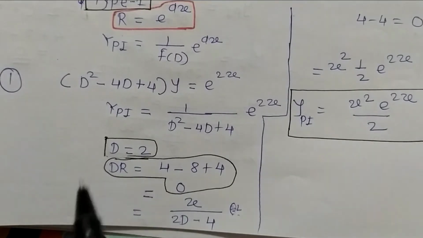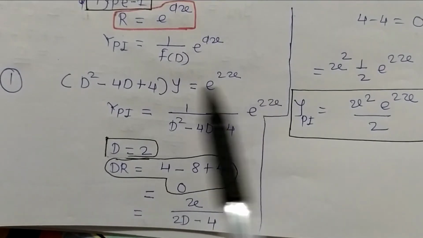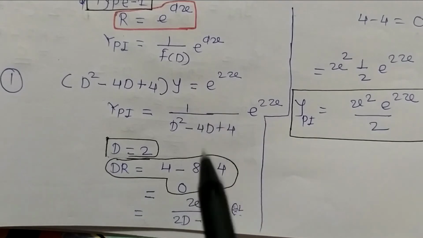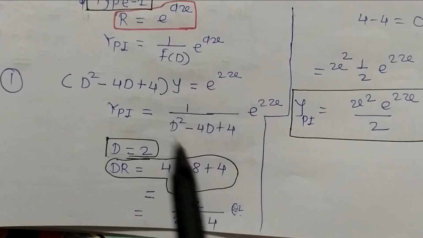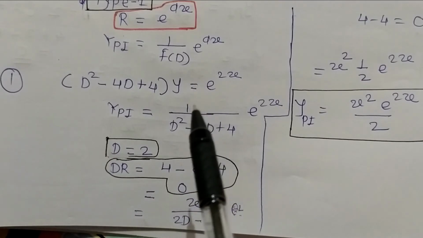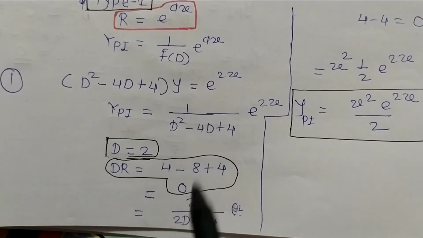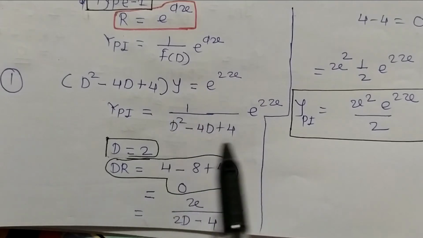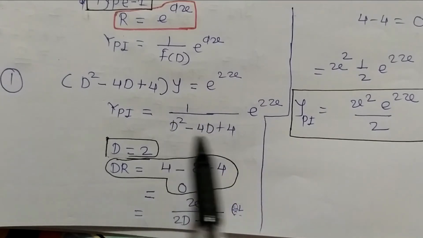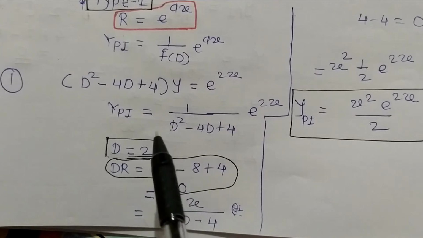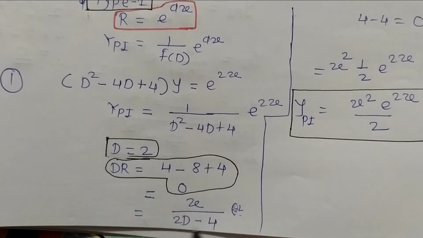So here, when we differentiate, we have to put x. Okay, again one thing, when we differentiate it we have to add some x here. So first we add x here, and then differentiate this term. The differentiation of D square minus 4D plus 4 is 2D minus 4. Then we have to put the value of D. So D is 2, at the denominator 2 into 2 is 4, minus 4 is 0.